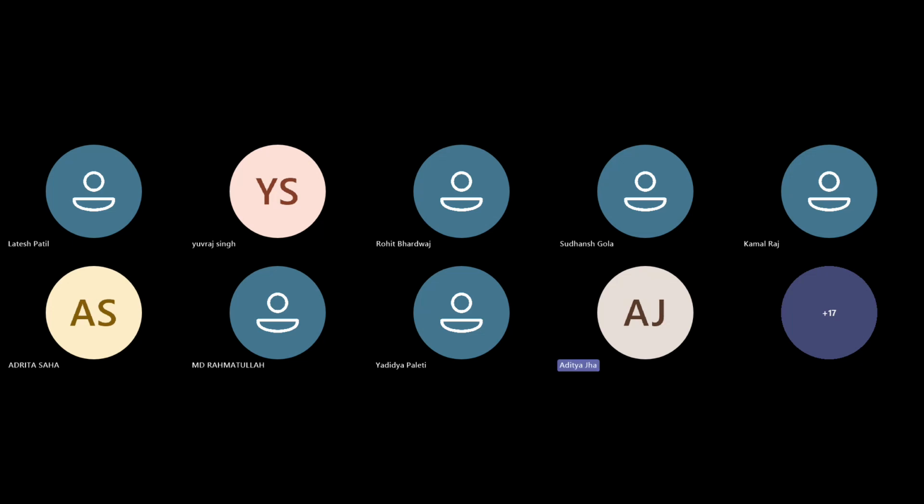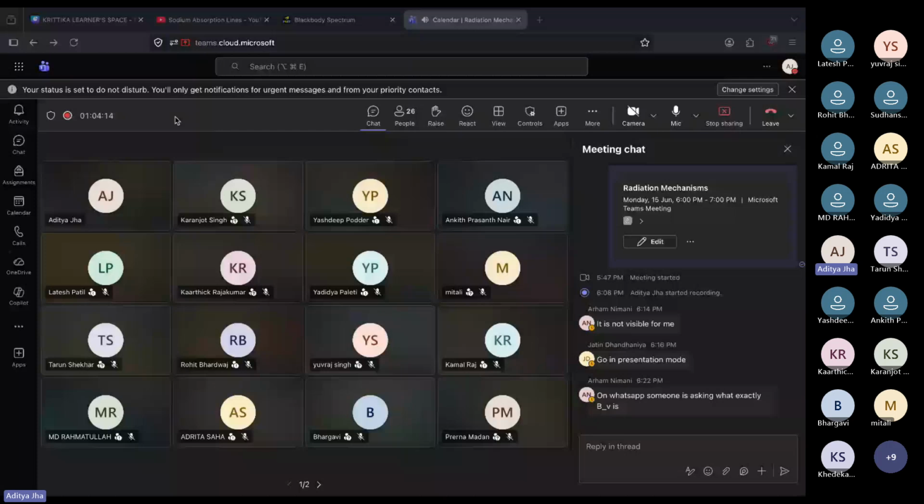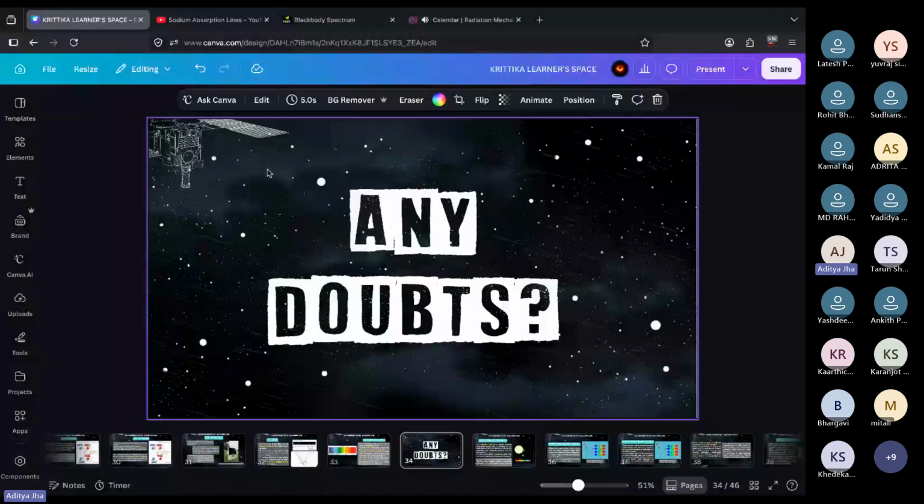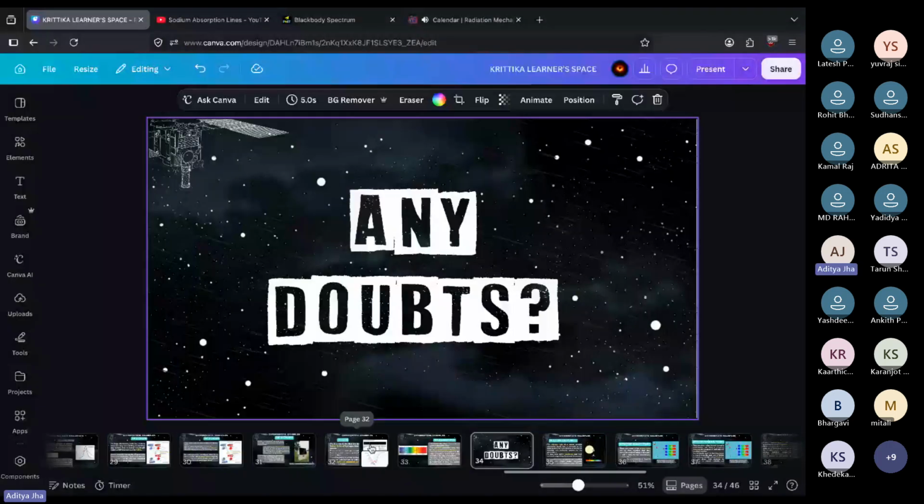Okay. The 21 centimeter line. Okay, I'll discuss that. Just one second. I hope you can see my screen. The 21 centimeter line.